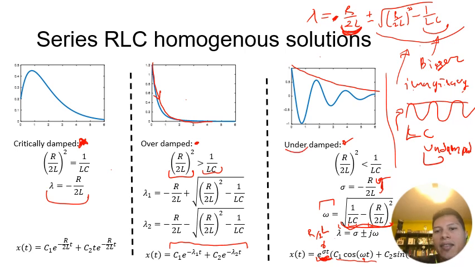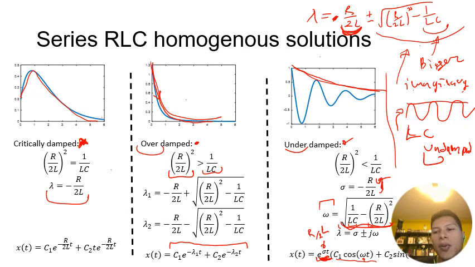Then there's a little decay, which we call underdamped. Then there's a little more decay, which we call critically damped. And then finally, there's a very rapid decay, which we call overdamped. So those are the kinds of solutions you can get out of these circuits, and it's important that you learn how to characterize this.